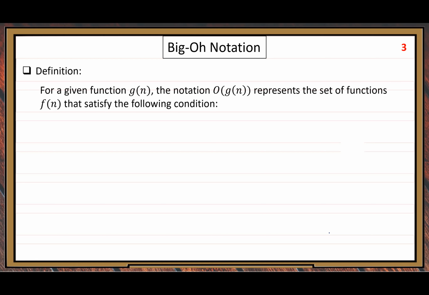Definition. For a given function g of n, the notation big O, we know it's a set, right? From our understanding of the previous slide, it's a set.